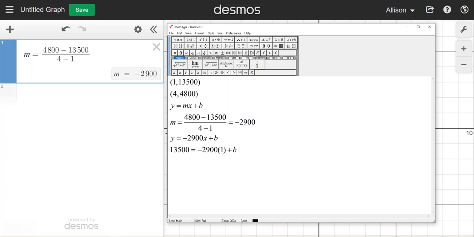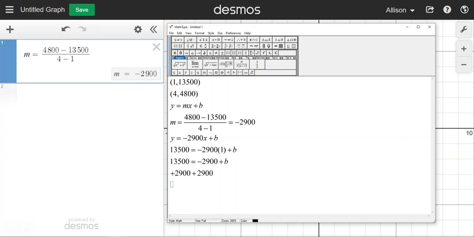All right. So this gives me 13,500 equals negative 2,900 times 1 is negative 2,900 plus b. And then if I'm going to solve this, I'm going to add, because it's negative, to get rid of the 2,900, I'm going to add 2,900 to both sides.